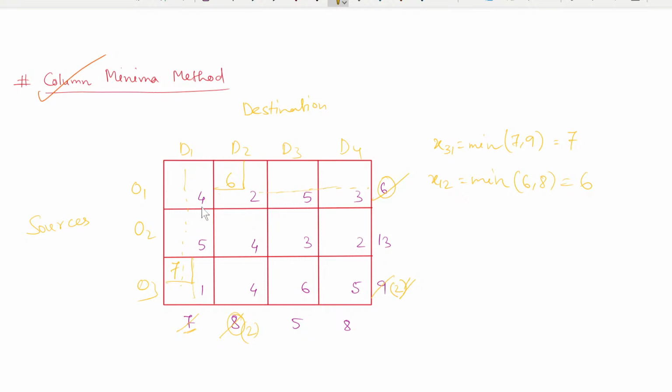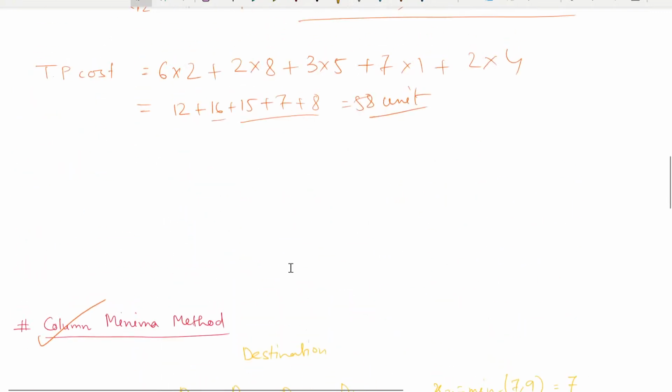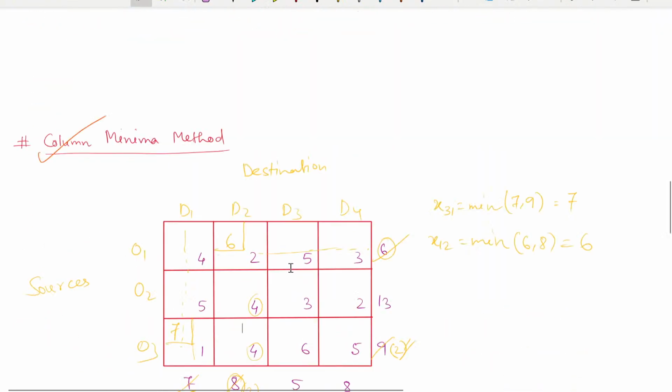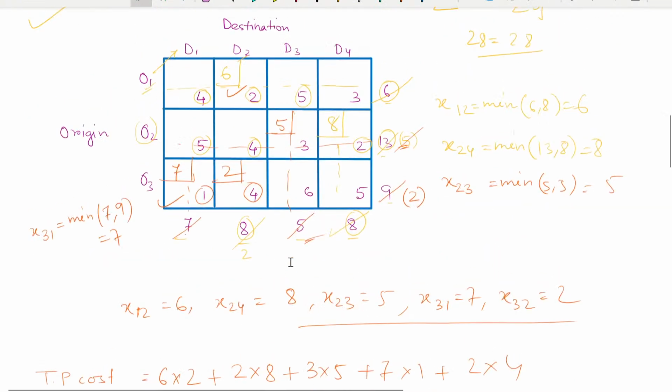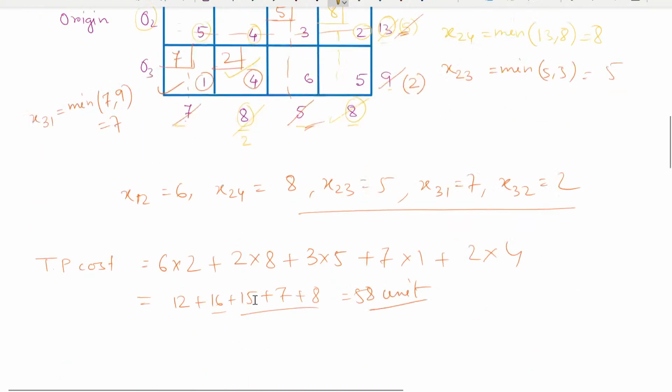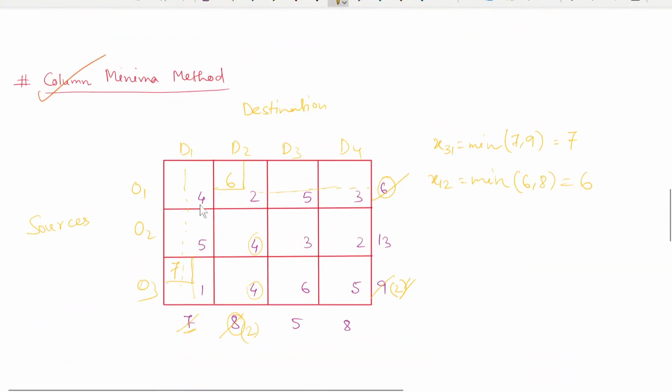Since part of this column is remaining, we find the minimum of these two cells, and since they have the same cost, we can choose any one of the cells for the allocation. Suppose we choose this cell, x22.